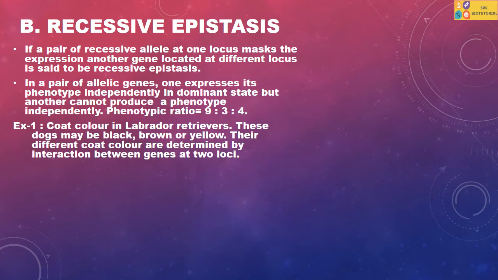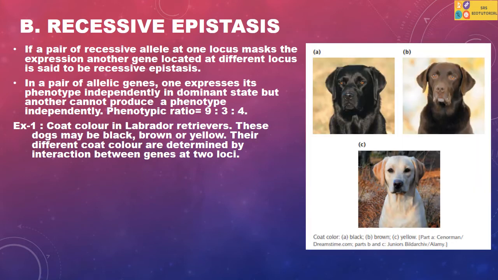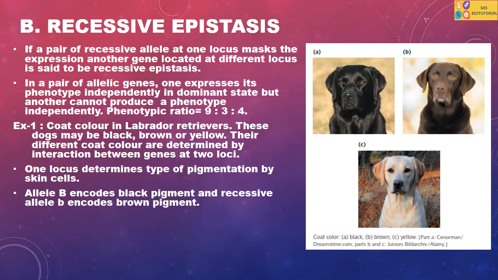This dog may be black, brown, or yellow. Their different coat colors are determined by interaction between genes at two loci. The gene at the first locus determines the type of pigment produced by skin cells, that is, dominant allele capital B encodes black pigment and recessive allele small b encodes brown pigment.